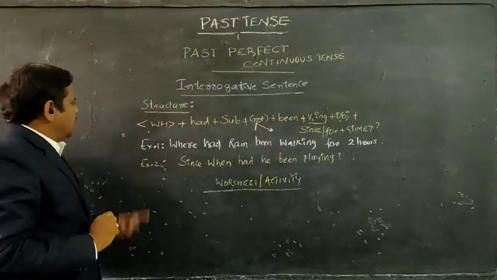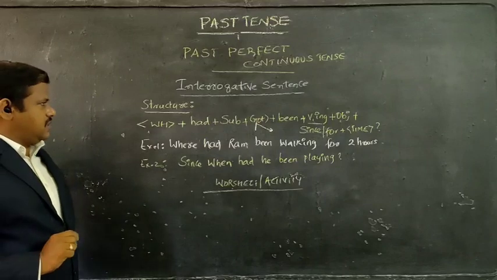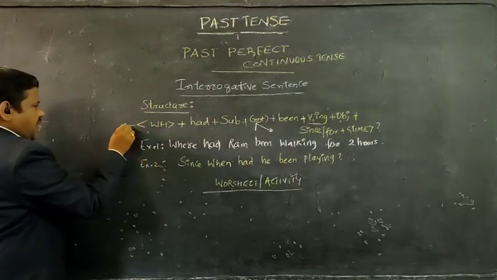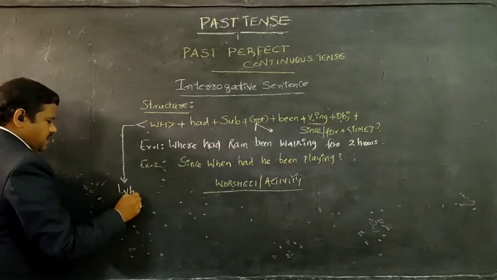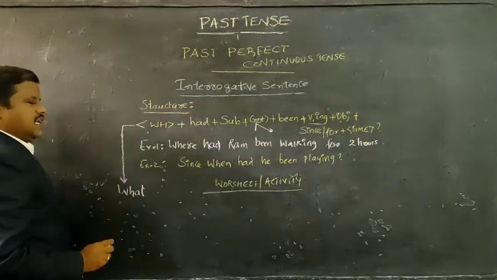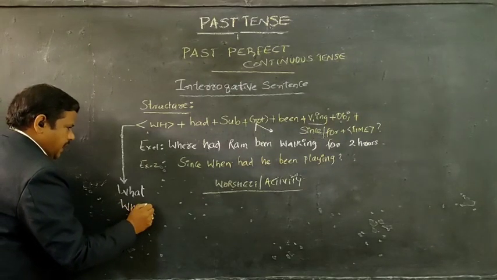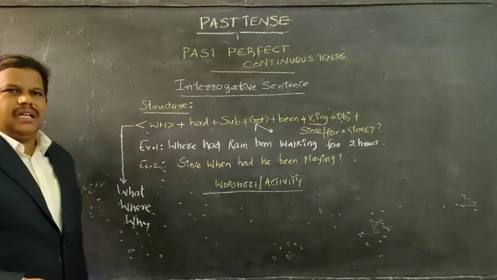Once again, the structure of an interrogative sentence in past perfect continuous tense is like this. WH family members, you know very well. In the last class I said there are many words in the WH family like what, where, why, etc. You can use any WH family member.